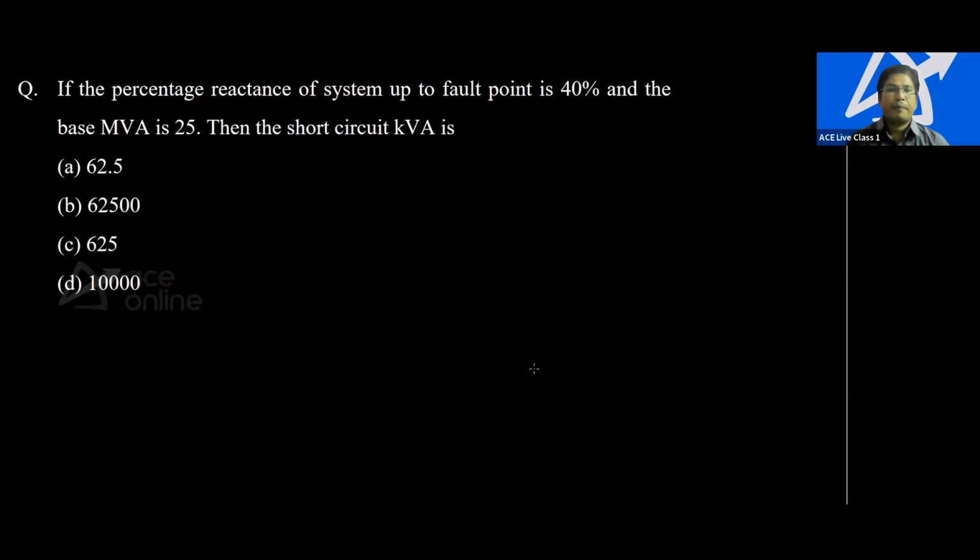Right, students, one more question. If the percentage reactance of the system up to the fault point is 40% and base MVA is 25, then the short circuit KVA is.